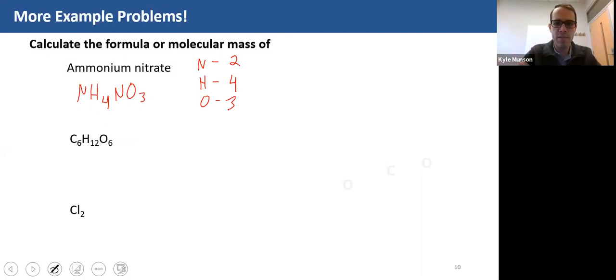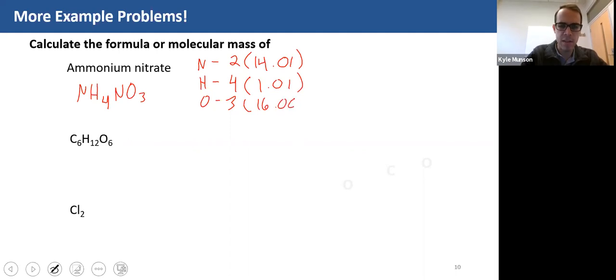And then I go in the periodic table and I write down the mass of each element. So that's the atomic mass for nitrogen. That's the atomic mass for hydrogen. And we've already seen the atomic mass for oxygen. Okay, I multiply these 2 numbers together.